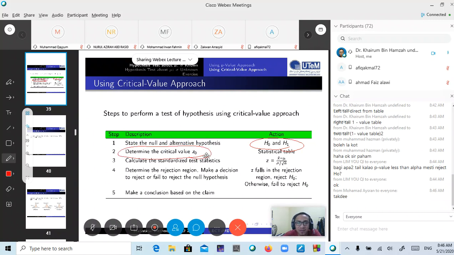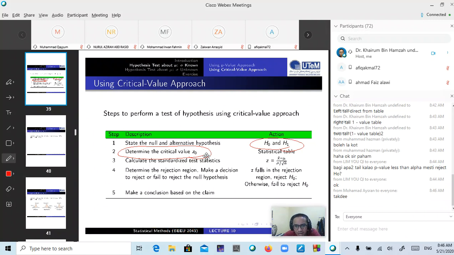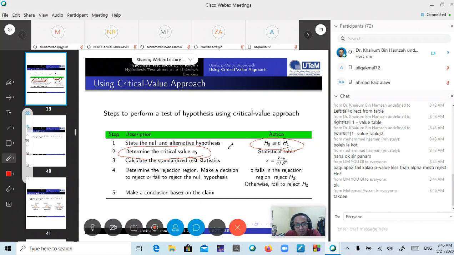Determine the critical value Z0. Okay. Get the value of Z0, we get from the statistical table. Macam mana nak dapat? By using value of alpha. Okay. When alpha equal to 0.05 sebagai contoh. So, kita akan ambil dari dalam.